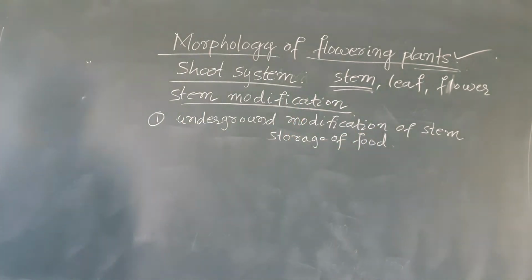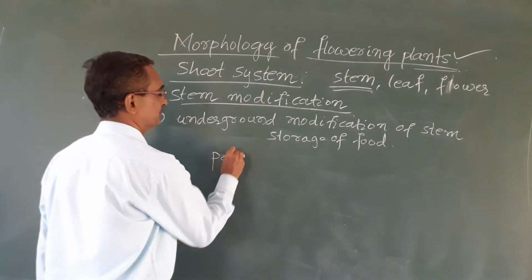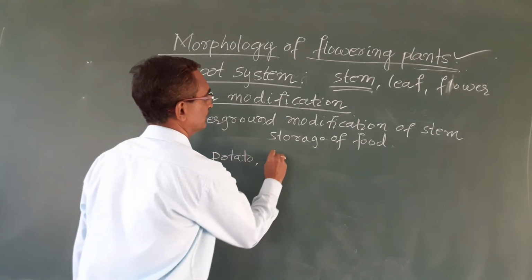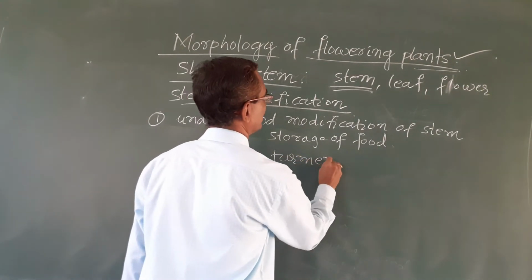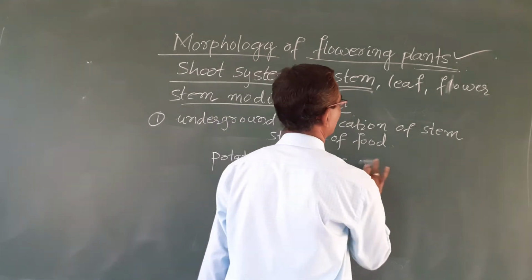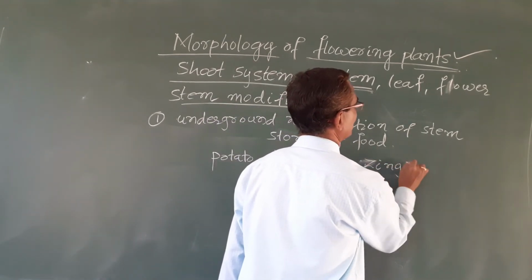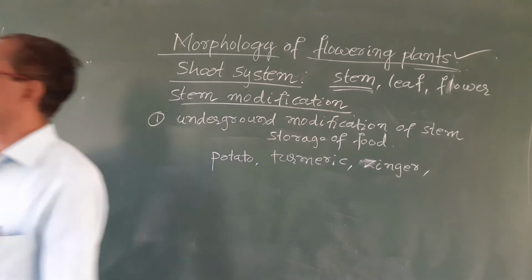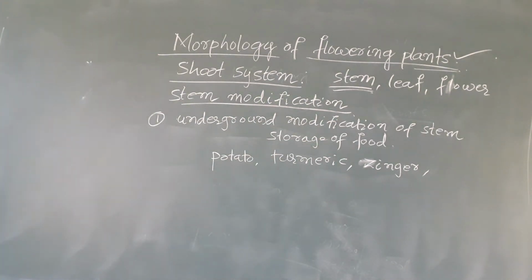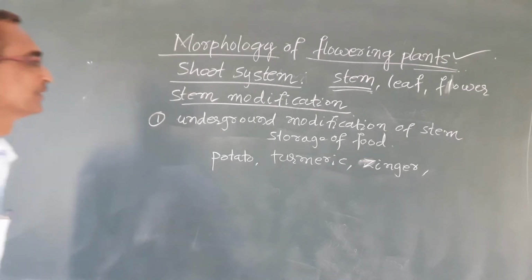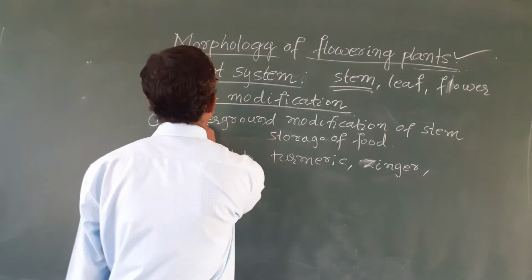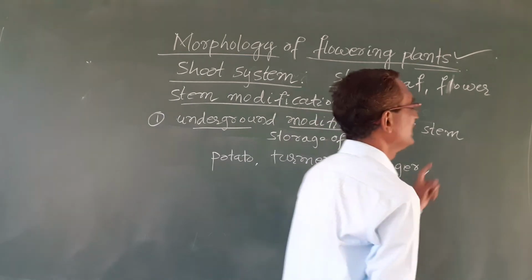For the storage of food: potato, ginger, turmeric. Okay, you see, underground modification of the stem.